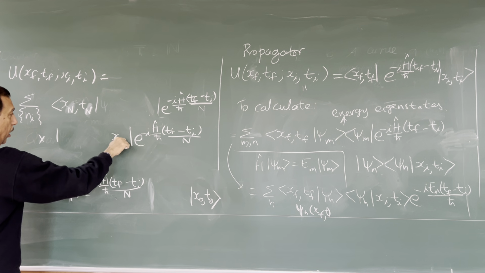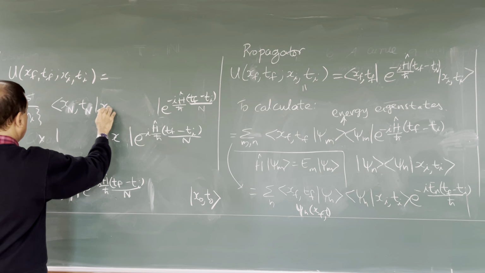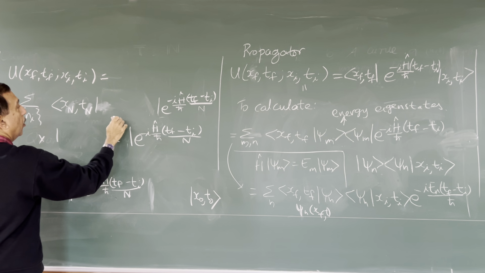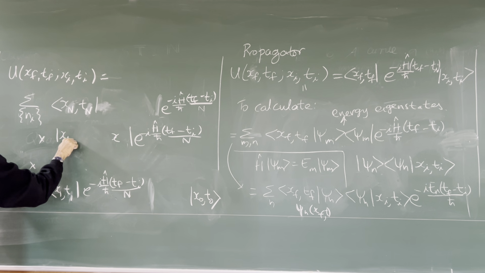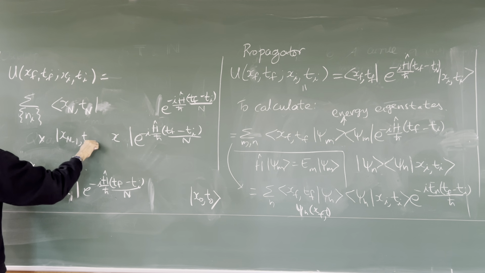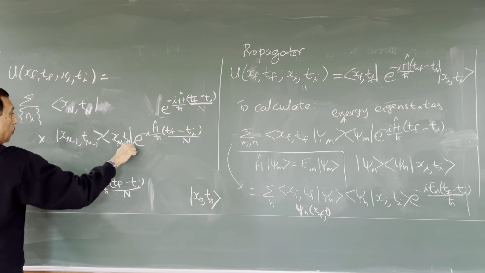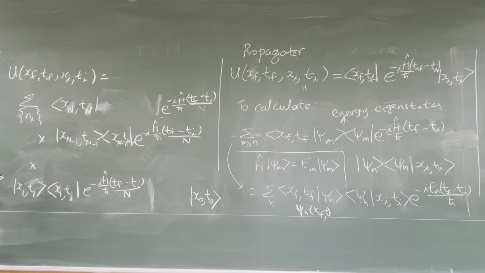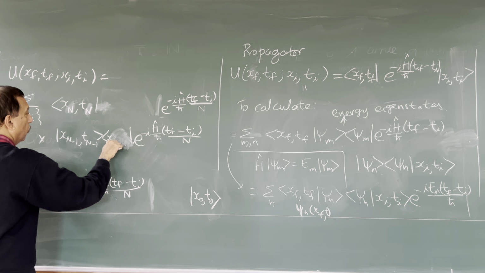So here I have x something. Let's say here I would have x. So this can act directly on x. Then here I will have xN minus 1, tN minus 1, and xN minus 1, tN minus 1. Okay, is it reasonable? Sorry for messing up the writing. I think you know what is going on here.